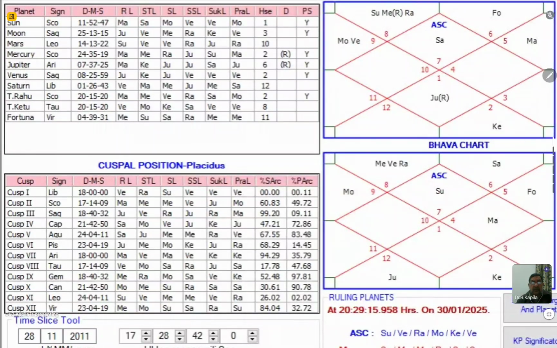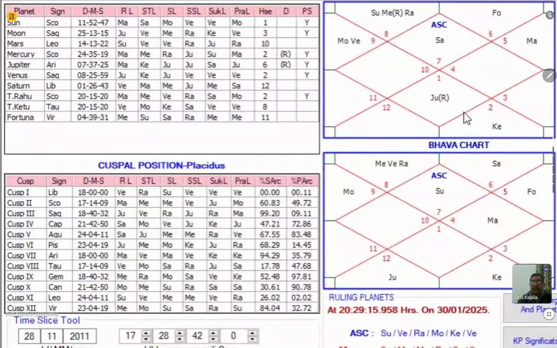Now, the first question she has posed to the astrologer is whether she has conceived or not. So how do we answer such questions?